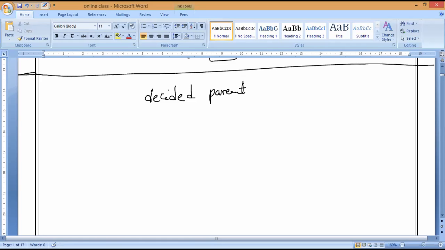So now, in the same way, if we take the sex of a child, what do you mean by the sex of a child? Either the child is a boy or the child is a girl. It is also inherited from the parents only.